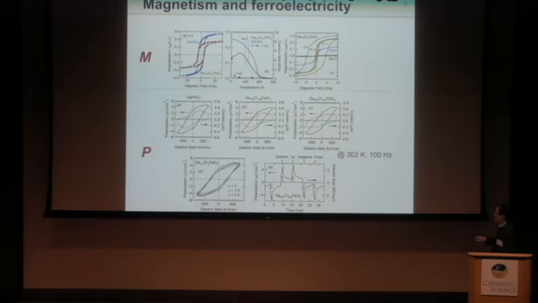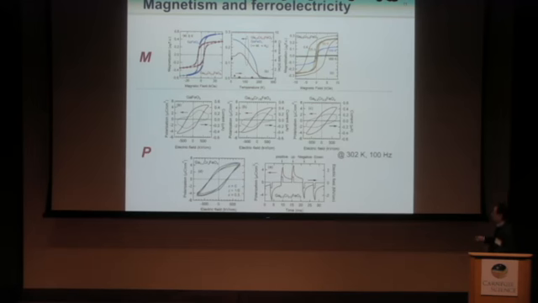Let's look at the polarization of this material. This is gallium ferrite, partially substituted gallium ferrite, and 50% substituted gallium ferrite by chromium, at room temperature. These materials show ferroelectricity like this, but the leakage becomes large with the increase of the chromium content.